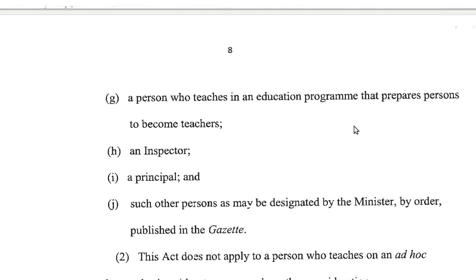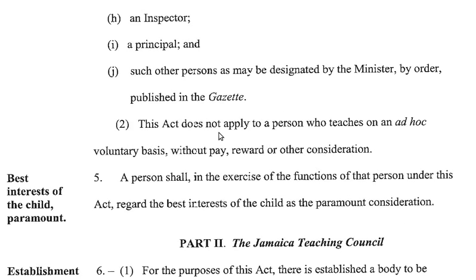So somebody who teaches at a teacher's college would have to be licensed to teach. H. An inspector. I. A principal. J. Such other persons as may be designated by the minister by order published in the Gazette.